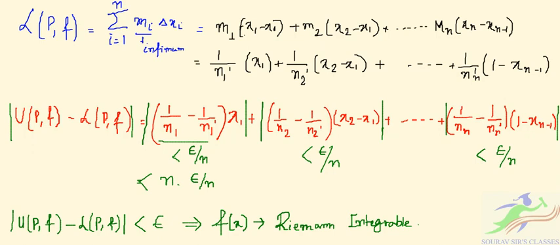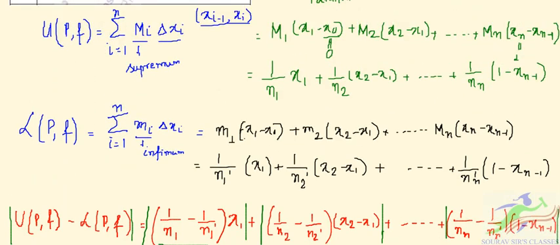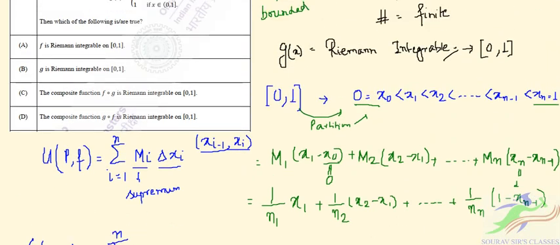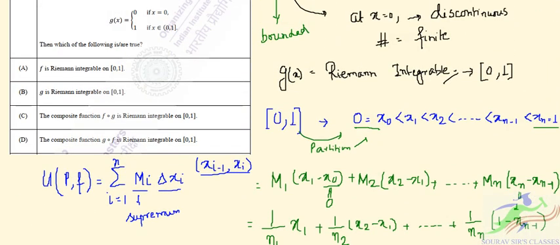So we have both f(x) and g(x) from this option are both Riemann integrable, f and g on [0,1].